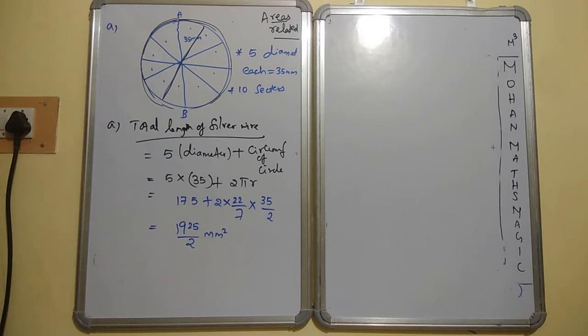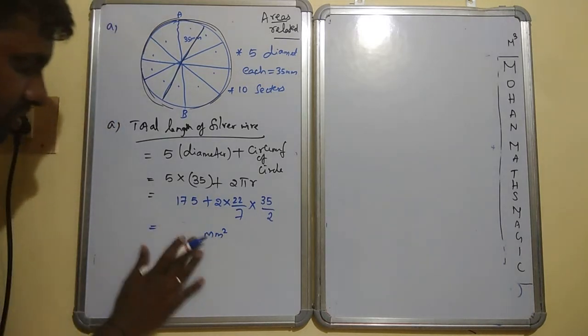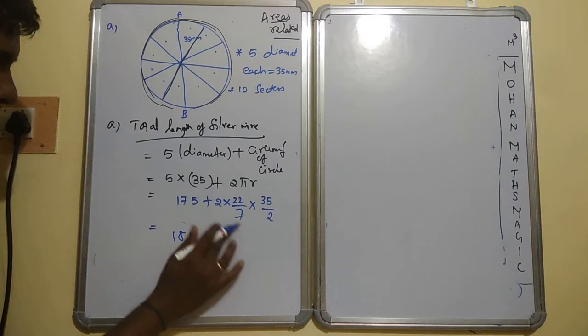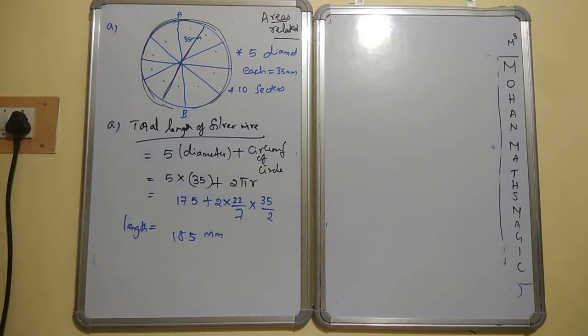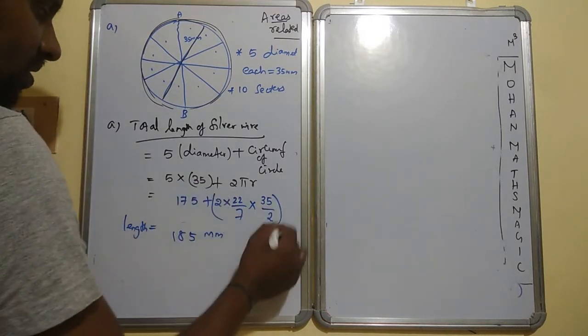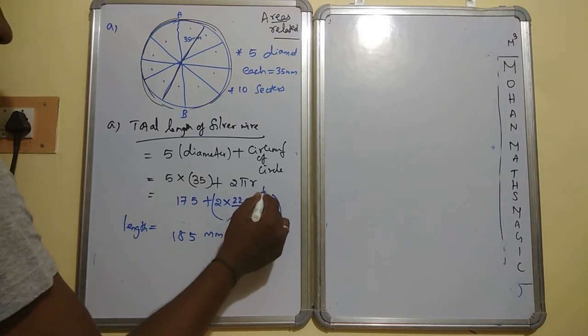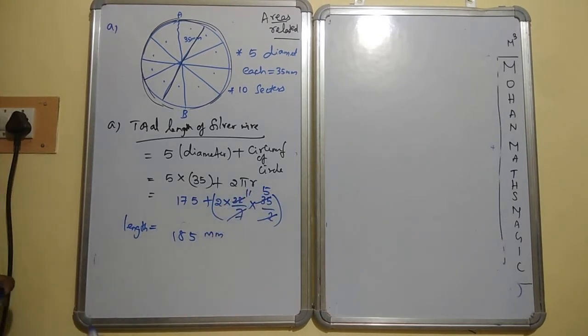Wait, 1925. The total length of the wire, 5 diameters, 185 millimeter, because they are asking you to find the length, right? So 185 millimeter is the total. If you cancel now, you may be getting, see here, let me also calculate 5, 11, 22, 110.